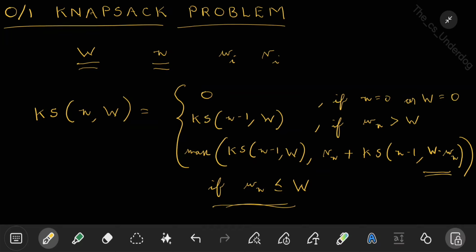If you use this recurrence relation, 100% you are going to get the right answer. That is for sure. If you use this recurrence relation and write a recursive solution, you will get the answer. But what is the problem? The problem is that in this case, let us say you have n items, 1, 2, 3, 4, these are your items.